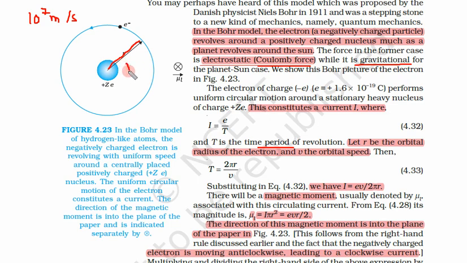So let us put 1 angstrom, that means 10 to power minus 10 meter. Now what is the circumference of this circle? This is 2 pi r, so that means around 6.28 into 10 to power minus 10 meter.